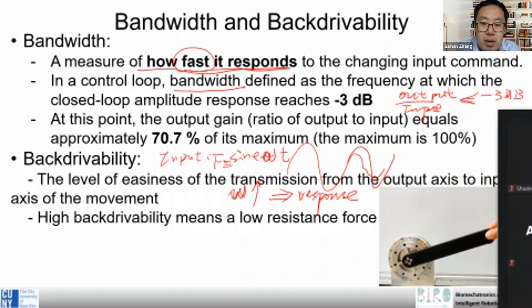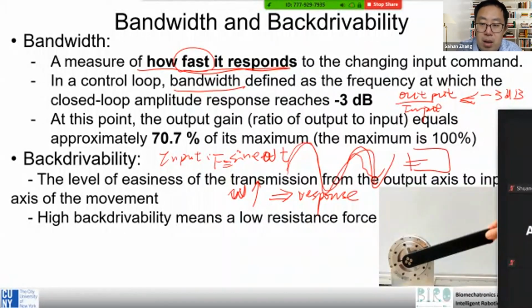If I give this reference torque, I want to see how well the robot can track it. We give the robot a command and ask it to track this torque or force. Ideally, it should exactly track this trajectory.